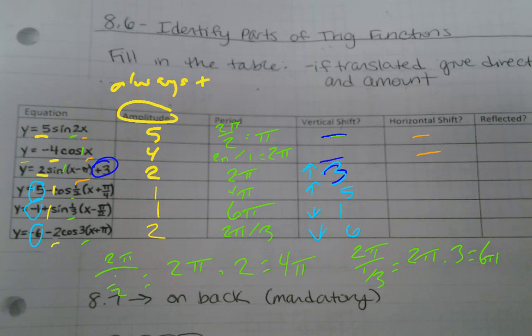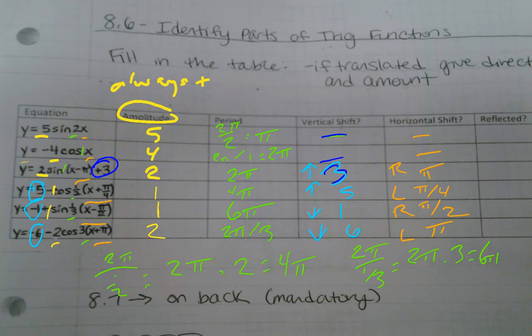In the next one, I do have a horizontal shift in the parentheses, and when you're inside your function, it does the opposite, so this is actually going to go to the right pi. And the next one is going to go to the left pi over 4. And the next one will go to the right pi over 2. And the next one will go to the left pi.